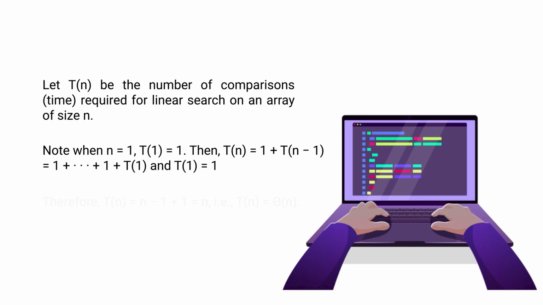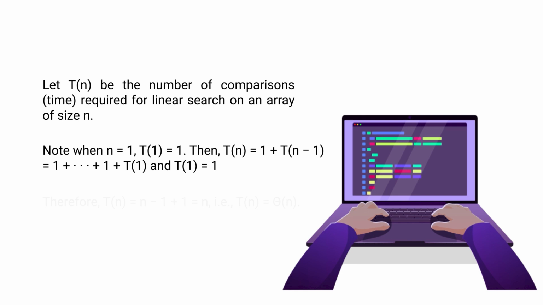Note that if the array size is 1, the number of comparisons is 1. So, what will be the recurrence when we have n elements? T(n) equal to 1 plus T(n minus 1), because if we compare the first element with the element x and it is not found, then we have a problem size of n minus 1. So, 1 plus T(n minus 1).